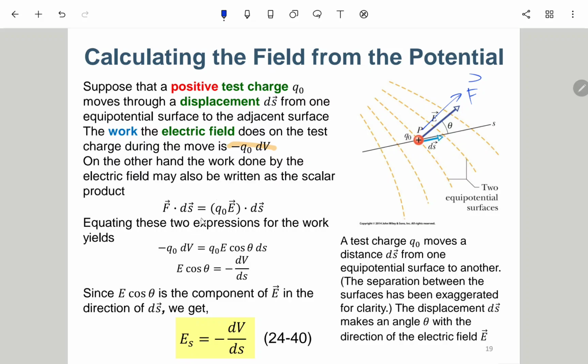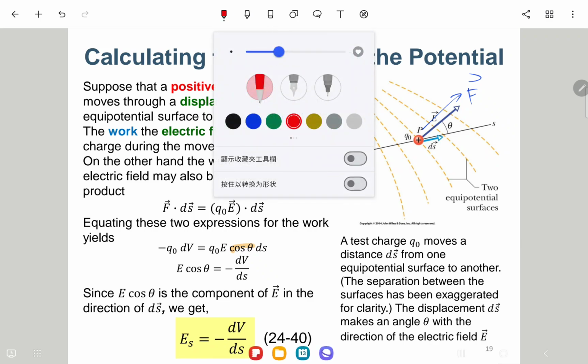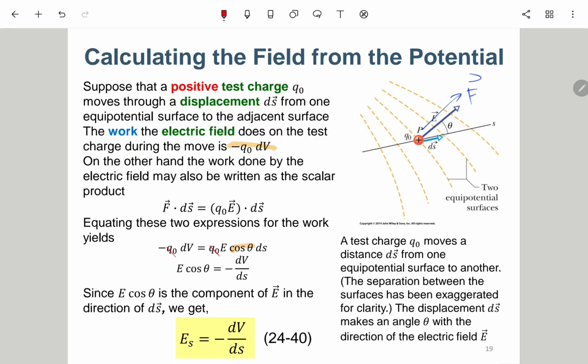So we put this thing here and this thing here. This is a dot product, so we have E times ds multiplied by the cosine of theta, where theta is the angle between the E field and ds. In such a way we can do some cancellation: the test charge q0 cancels itself.